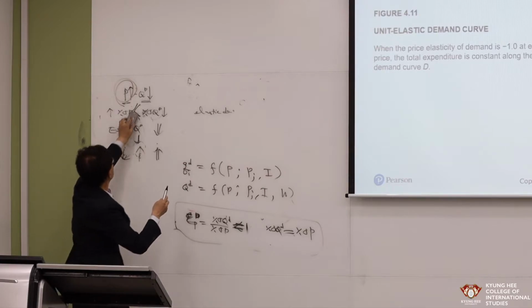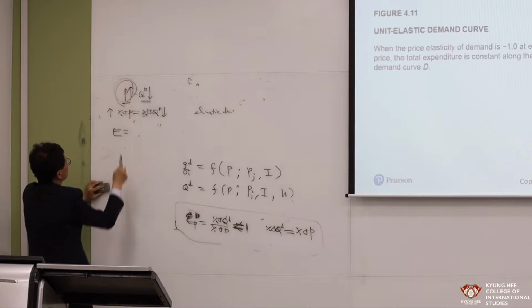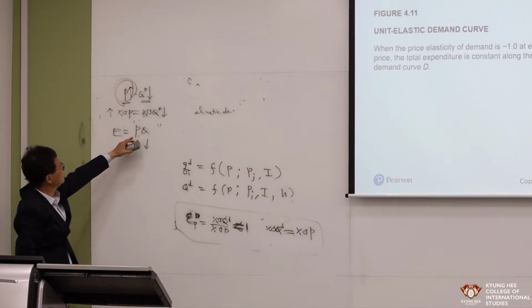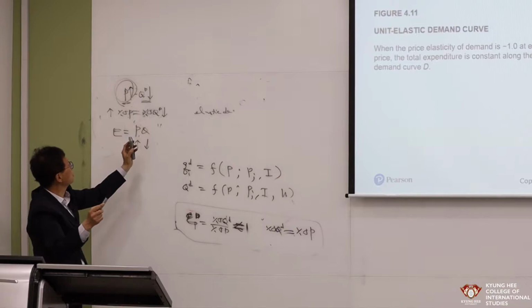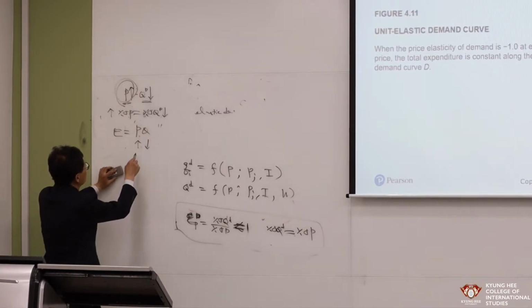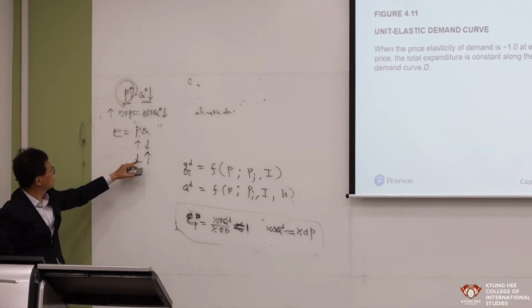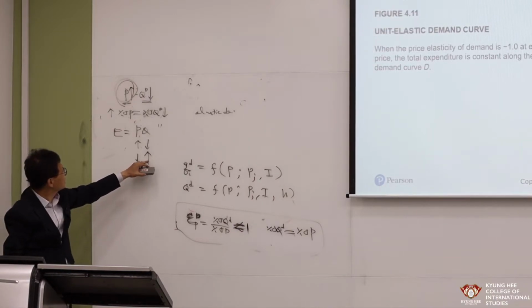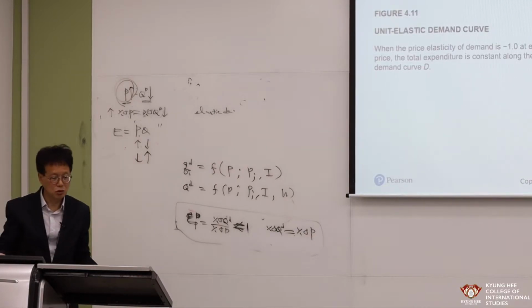In that case, what happens to expenditure? When the price increases, quantity demanded falls, but the percentage changes are equal, so the effect on income is the same. When the price decreases, quantity demanded increases by the same percentage. So there is no change in expenditure.